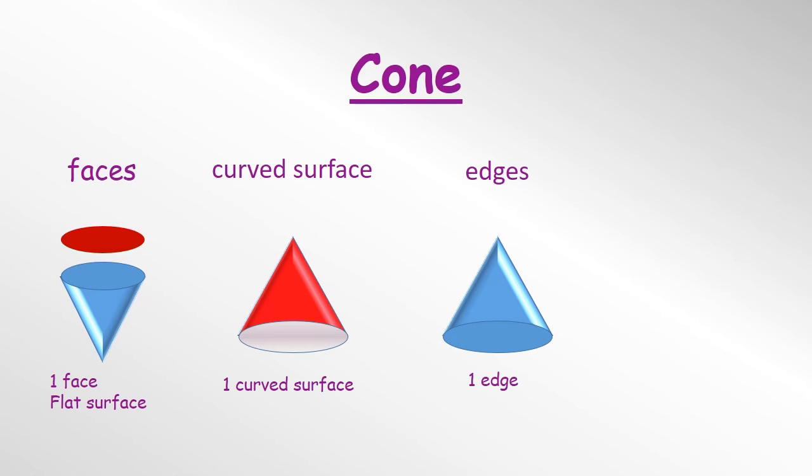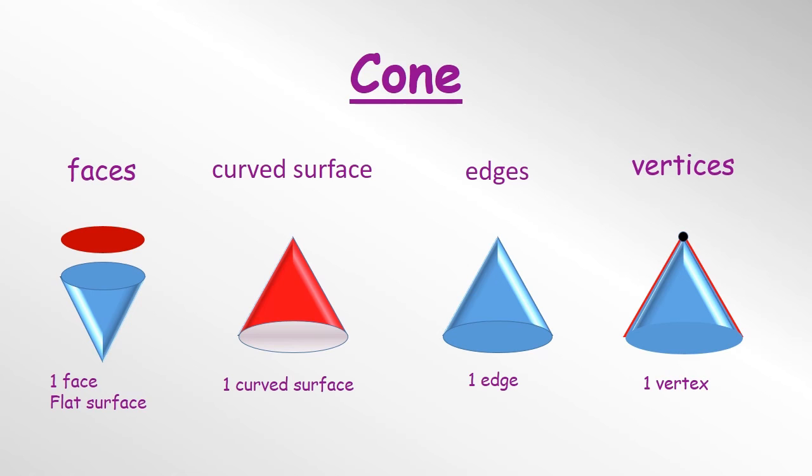In that case, the cone has 1 edge. Now here comes the exception, the vertex. The vertex of the cone is the point where the lines that form its sides meet. Hope that is clear and well understood. Good.